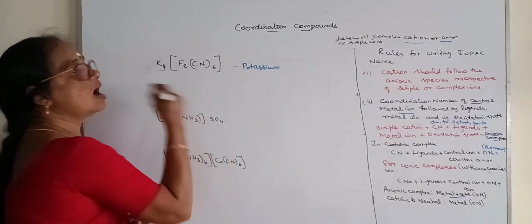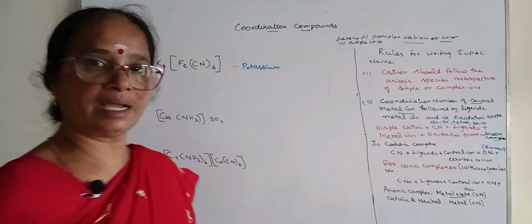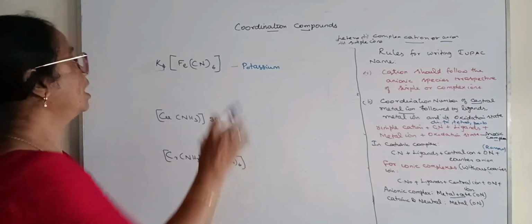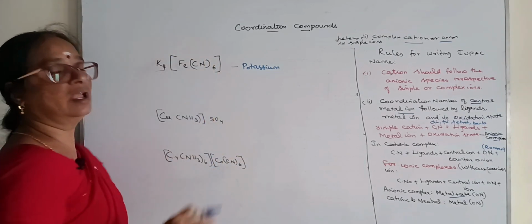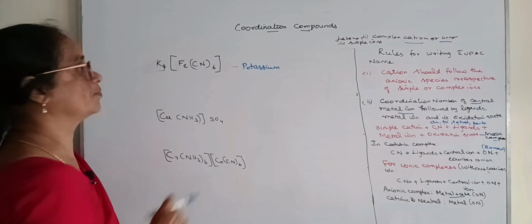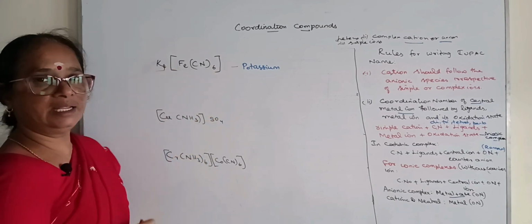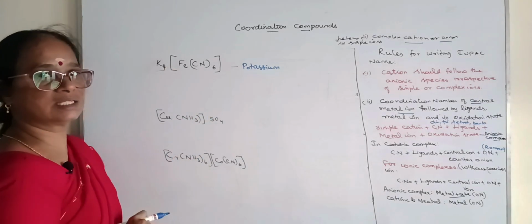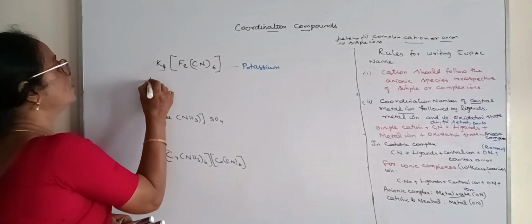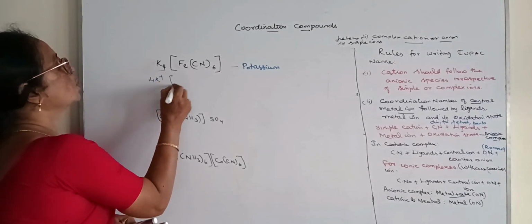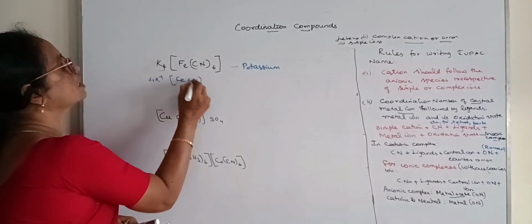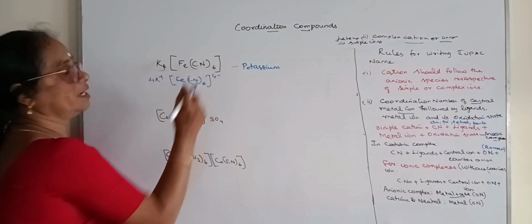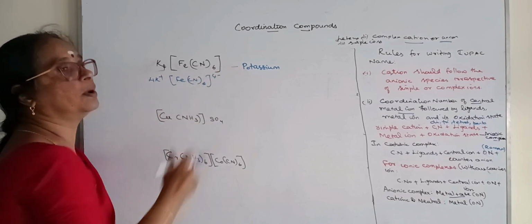After naming the simple ion, now we are going to name the anionic complex. Before naming the anionic complex, you have to balance the charges. This is 4K plus, so the charge of the complex will be 4 minus because of the counterpart.